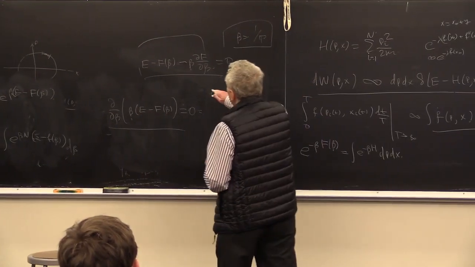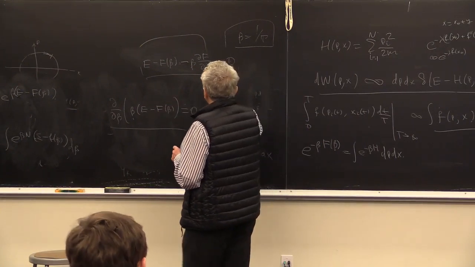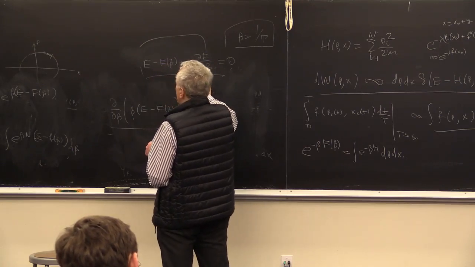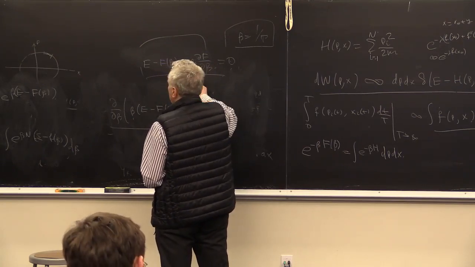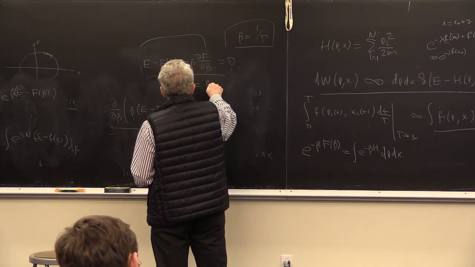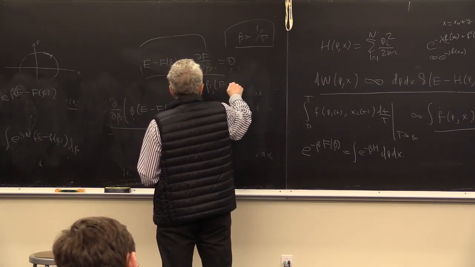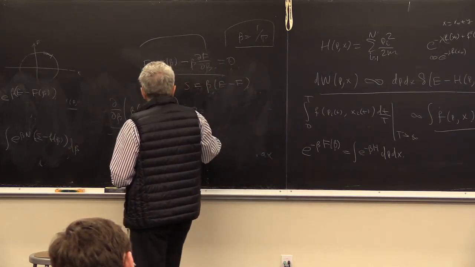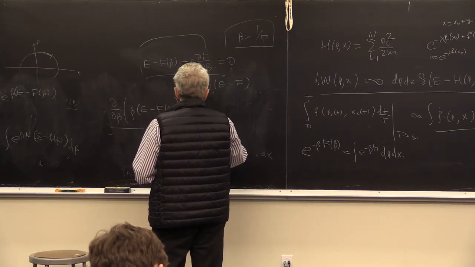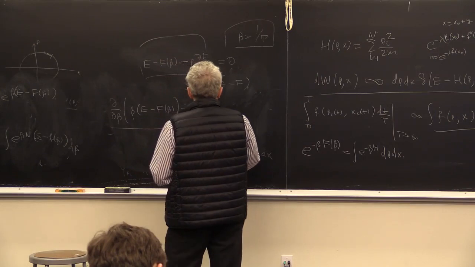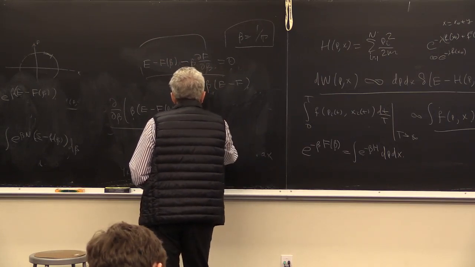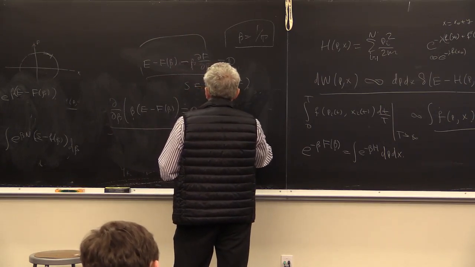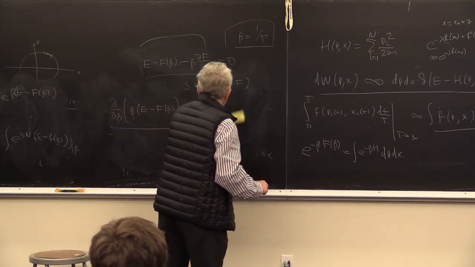Well, anyway. So we have the relation then. We have beta determined by this thing, and we have the relation that the entropy is simply beta E minus F. Sorry.